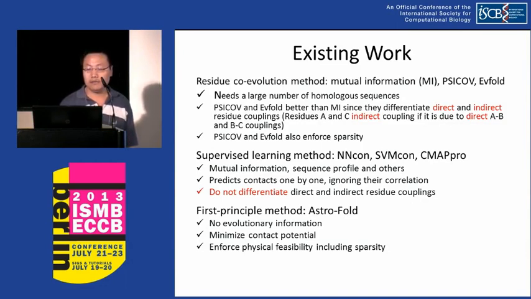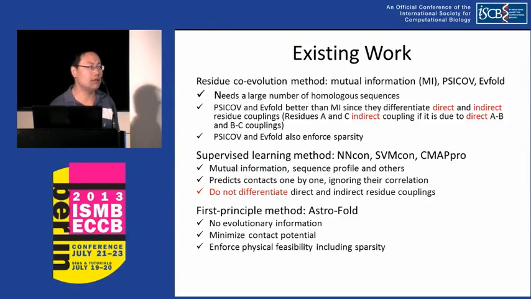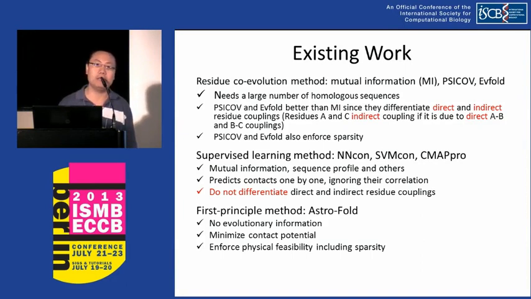If we don't have many sequence homologs for the protein under consideration, then these methods usually don't have very good performance. PSICOV and EVfold are better than mutual information because they differentiate the direct and indirect residue couplings. They also enforce sparsity, since we know the contact map matrix is very sparse.